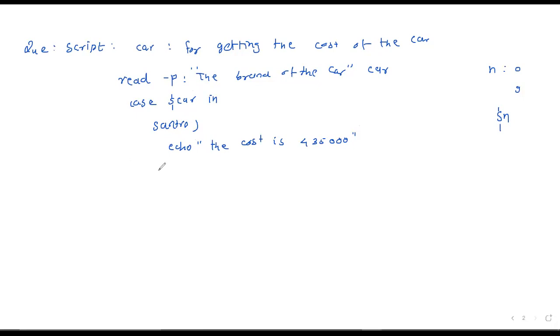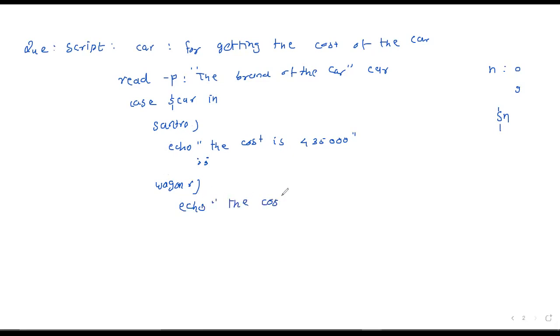Then we write semicolon twice, then enter the next brand name. Suppose we have Wagon R. This is my brother's car.